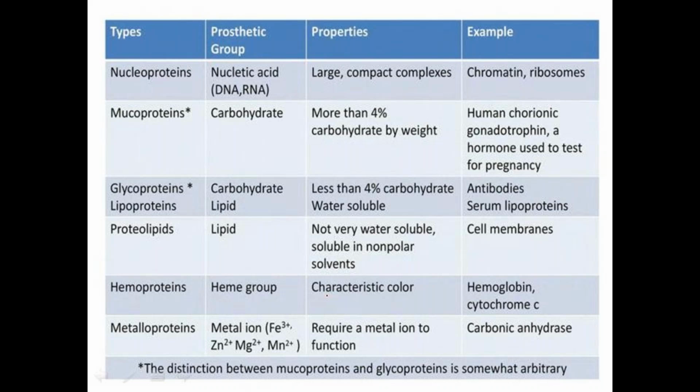And these are the different types of conjugated proteins. In nucleoproteins, mainly the prosthetic group is nucleic acid, and it exists in large compact form; main examples are chromatin and ribosomes.